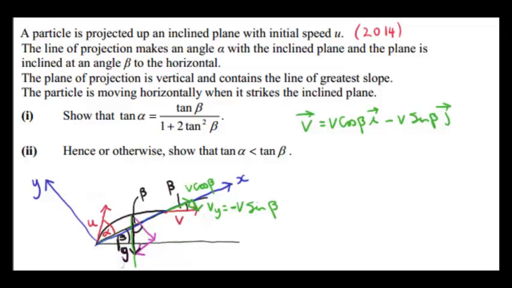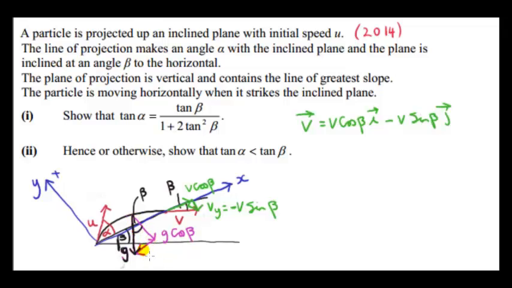So anyway, the y component is negative. This is a positive y-axis, so the y component is going to be, well, I'll just write down the magnitude of it. It's g cos beta. It's the hypotenuse times the cos.